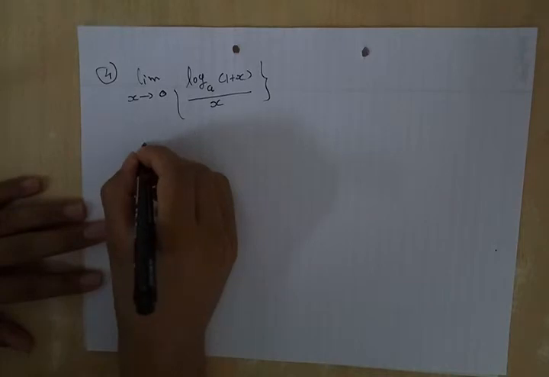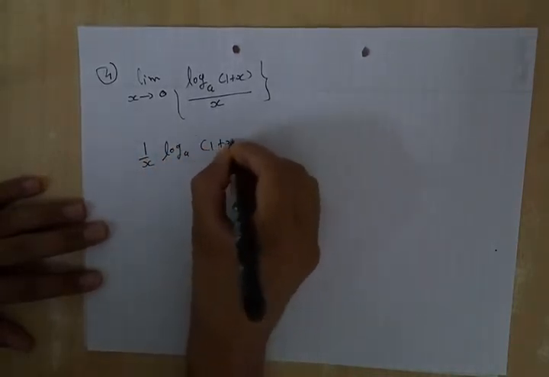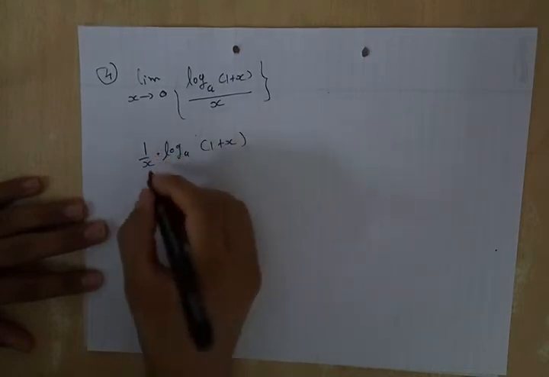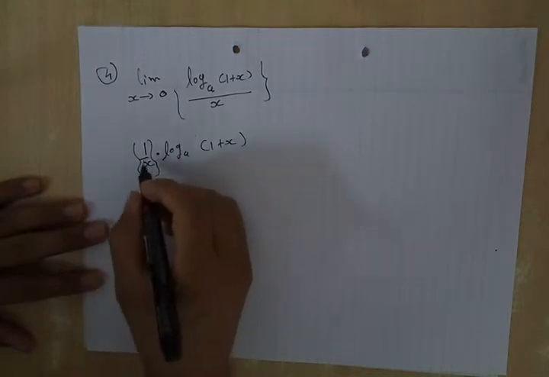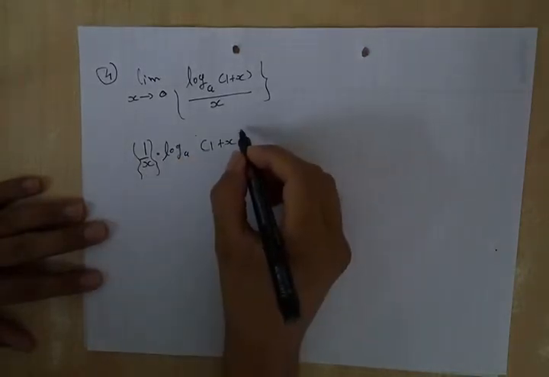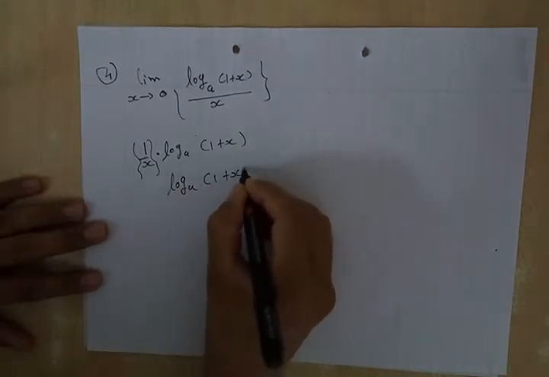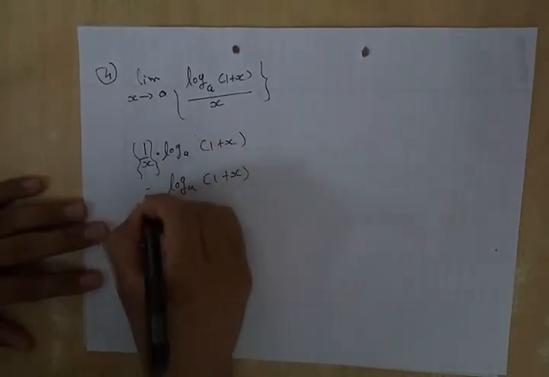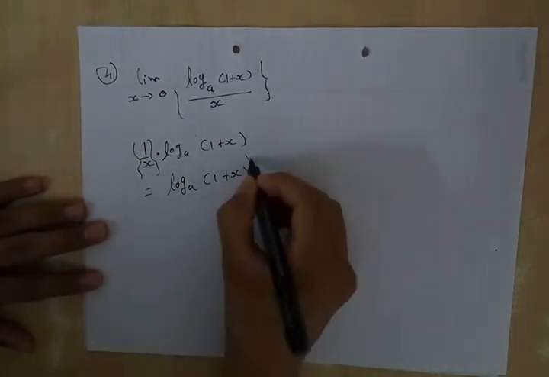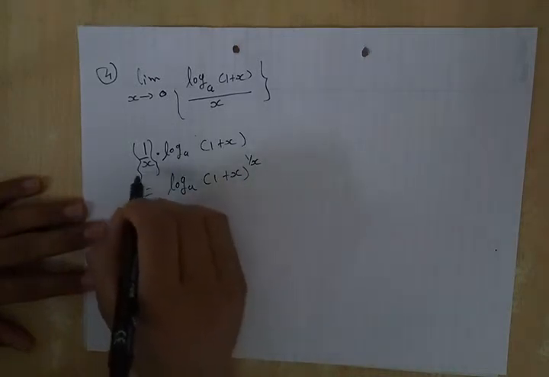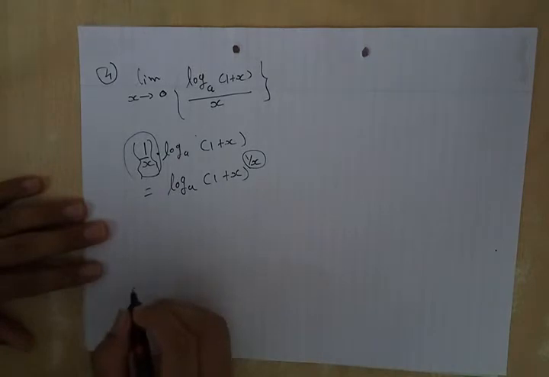Now we can recall a property of the logarithm function. Whatever variable is in multiplication, we can bring that variable to the exponent. So we can write this as log base a 1 plus x raised to 1 upon x. We can write this multiplying term into the exponent.